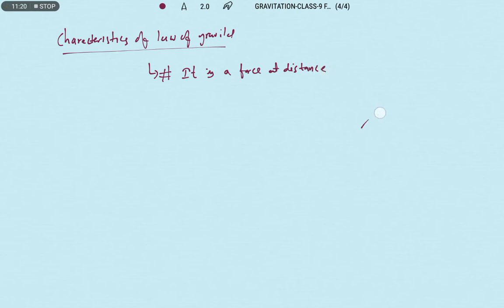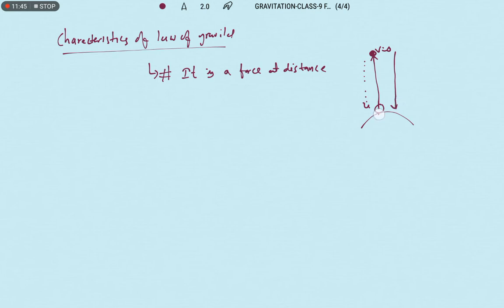Let us take an example: if we throw an object from the surface of the earth with some initial velocity u, vertically upward, what will happen? Slowly its velocity reduces, and after reaching a particular height its velocity becomes 0, then it starts returning to the ground.